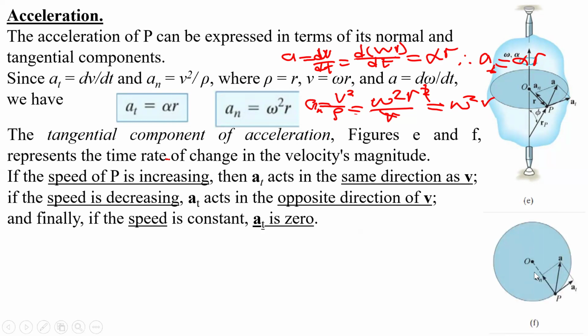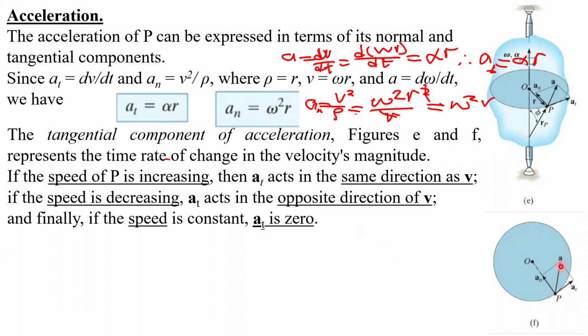So this is the graphical representation of the two components of acceleration. The normal component is always directed towards the center of the curvature, while the tangential component is always tangent to the path of the velocity.